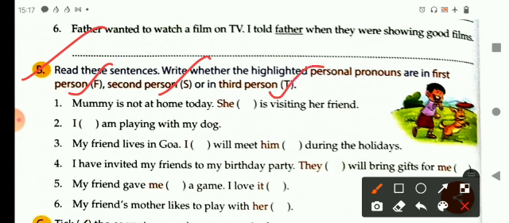The first one is: Mummy is not at home, she. She is third person because we are talking about a third person. I am playing with my dog. The person who is speaking is the first person, so here I will write F. In this way, you can do the rest of the sentences.